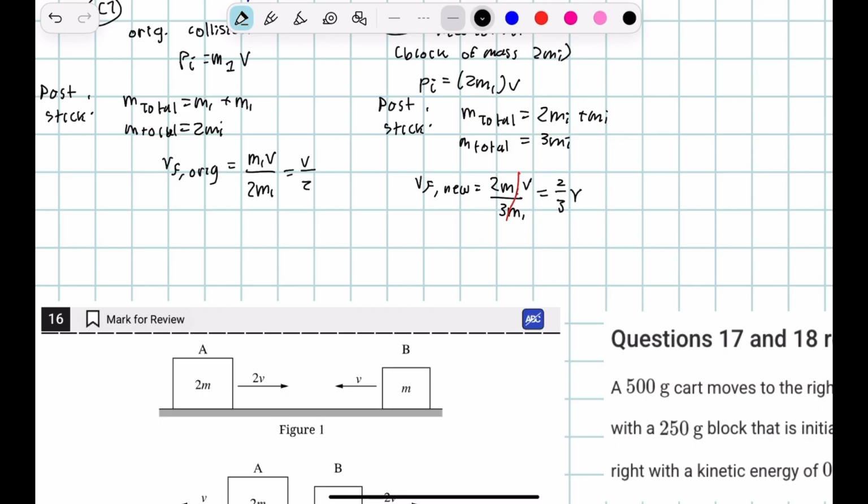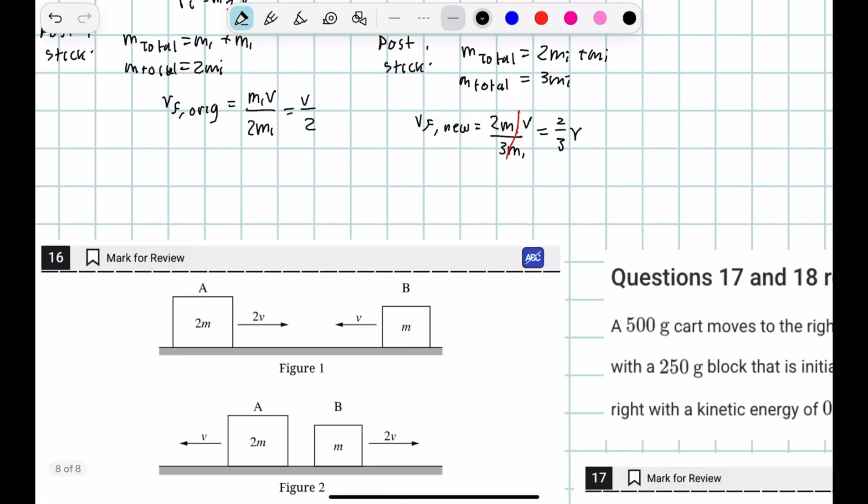Now we want to compare both of their final speeds. Originally we have vf equal to 1/2 v versus vf equal to 2 over 3 v. So we can just take the ratio of this: 2 over 3 v over 1 over 2 v. That's going to be equal to, this cancels out, 2 over 3 times 2, which is 4 over 3.